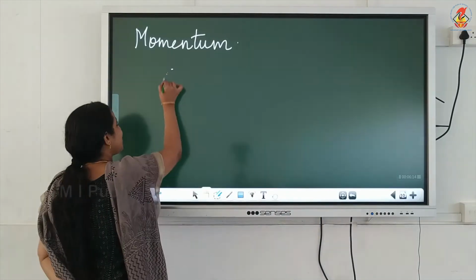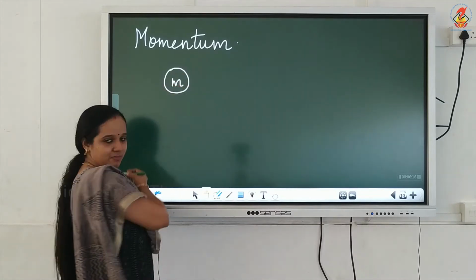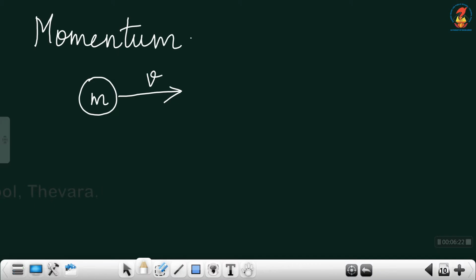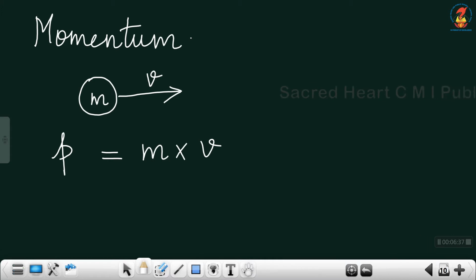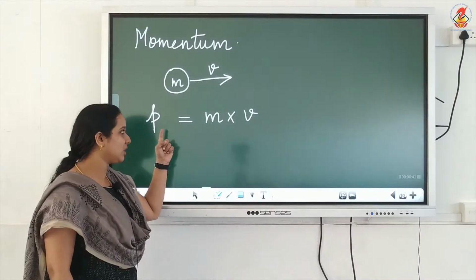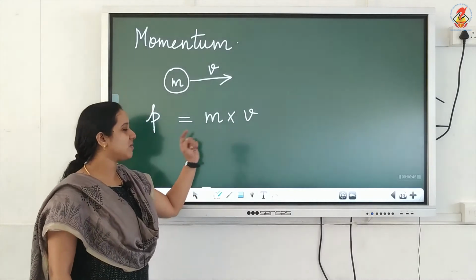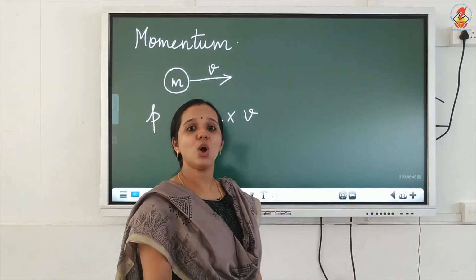Suppose you have an object of mass m, and this object is moving with a velocity v. Then momentum, which is represented using the small letter p, is the product of mass and velocity. p is equal to m into v, where m is the mass and v is the velocity.